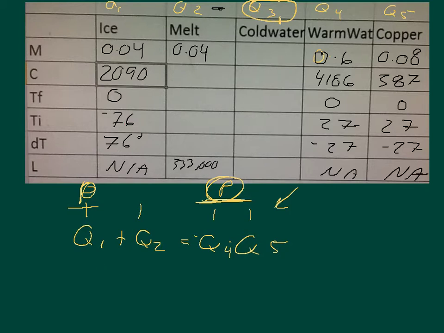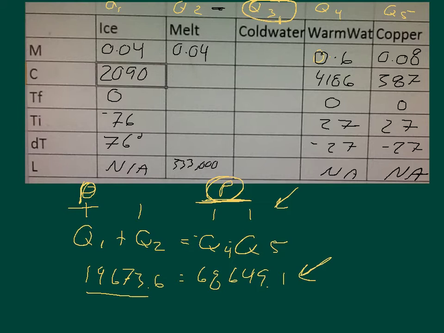19,673.6 by our assumptions is equal to 68,649.1 by these assumptions. So what we know is that there was a lot more energy lost by the warm water and warm copper than was actually gained by the ice whenever it completely warmed up and melted.